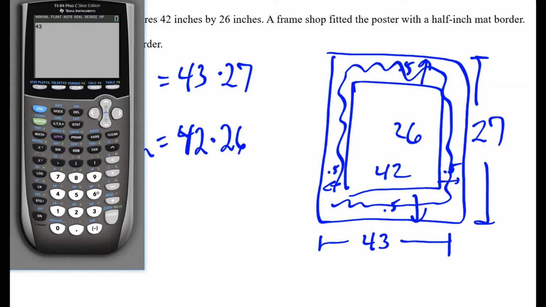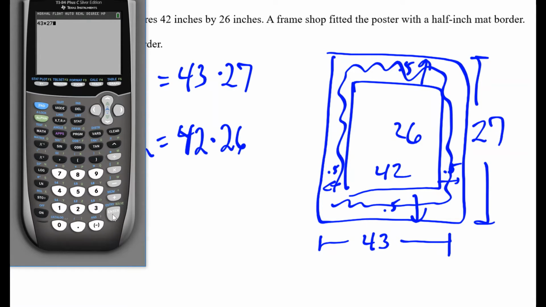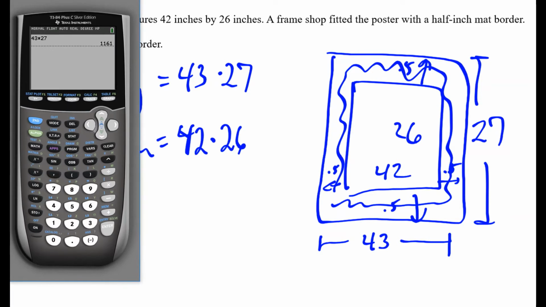So 43 times 27 gives us 1,161, and 42 times 26 gives us 1,092. We're going to take our two answers here and we're going to go ahead and subtract them.